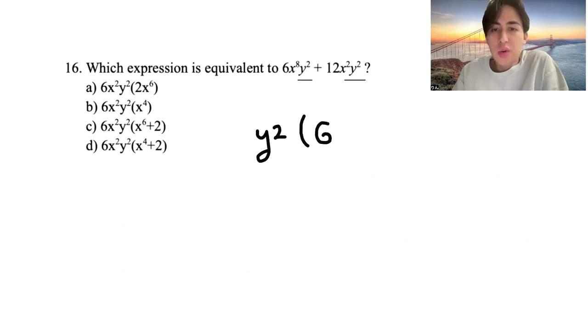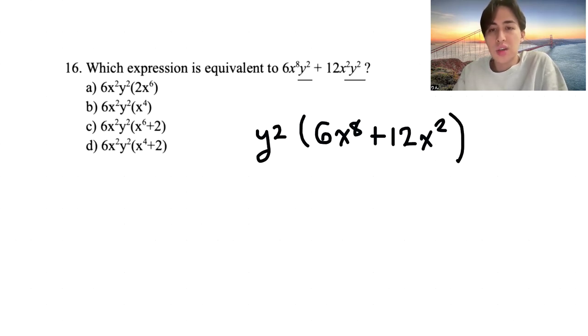And what you're left with is 6x to the eighth plus 12x squared. Now, we want to take out the next thing that these two terms have in common. So that'll be the x squared. So this x squared will be taken out as well, and it'll also be taken out from the x eighth.